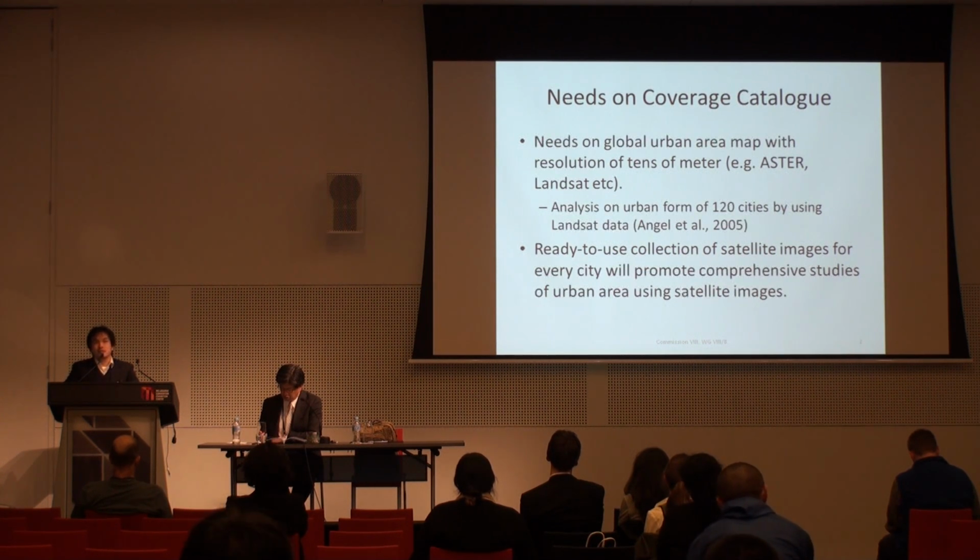Then, in this study, I proposed a method to choose a good combination of satellite data for cities of the world. And I conducted this method on 3,342 cities of the world.